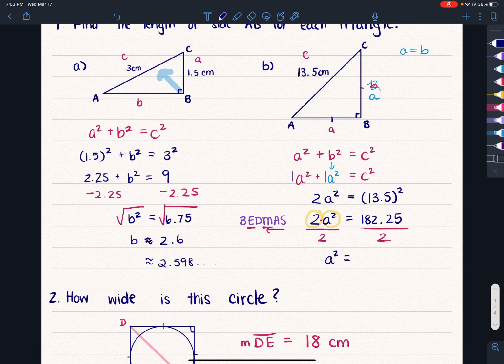A squared equals 91.125. And now I've done the multiplication part, I'm left with the exponent part. And I can undo the squaring by square rooting.